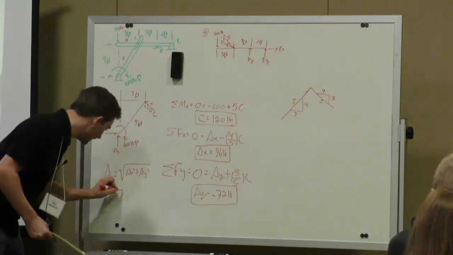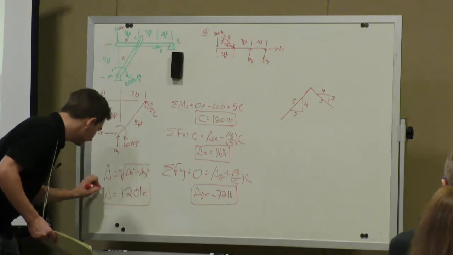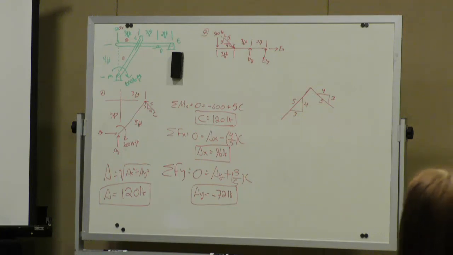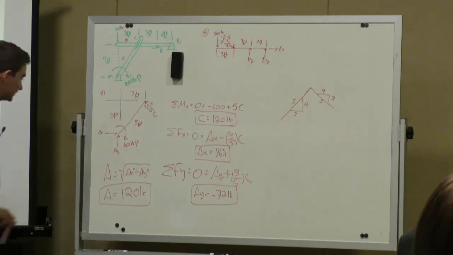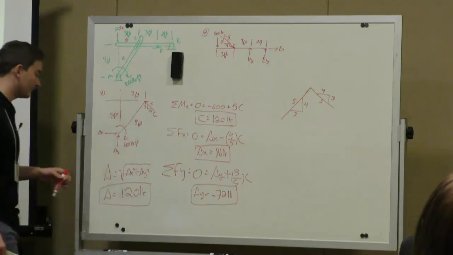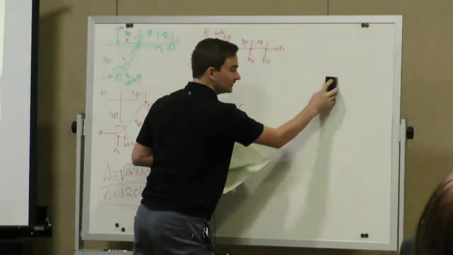Yeah, so the magnitude comes out to 120 pounds. What's that? Yeah. So the magnitude is AX squared plus AY squared and the square root of all of that. So you get 120 pounds. Anyone have any questions so far?